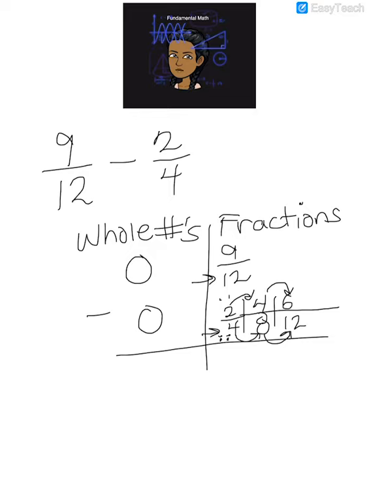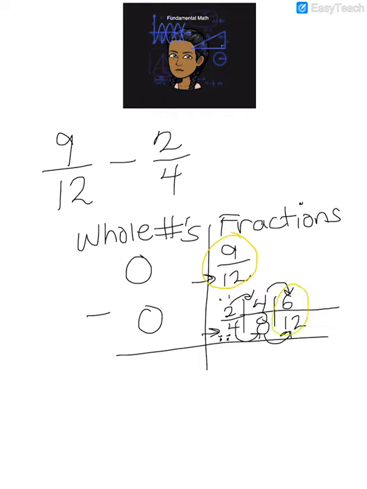Now, I only had to skip count my 2/4, my denominator at the bottom, because when I skip count by 4s, it takes me to a denominator of 12. Okay, so therefore, I don't have to skip count 9/12. I'm going to leave that the same, and then I'm going to use 6/12.